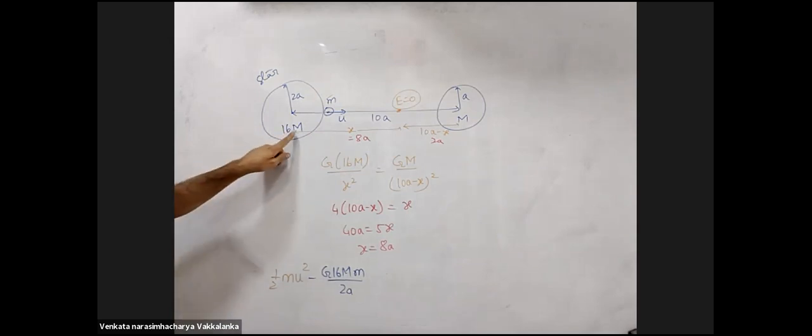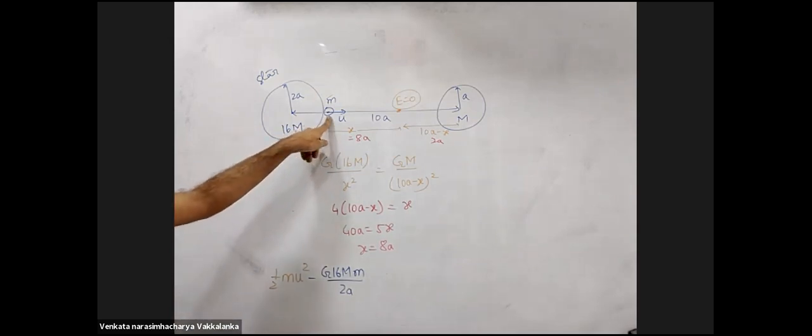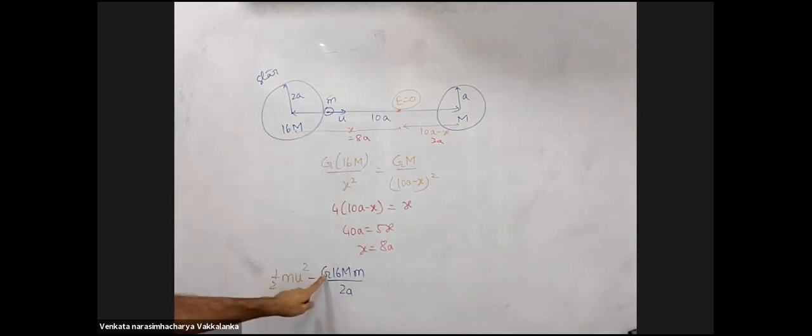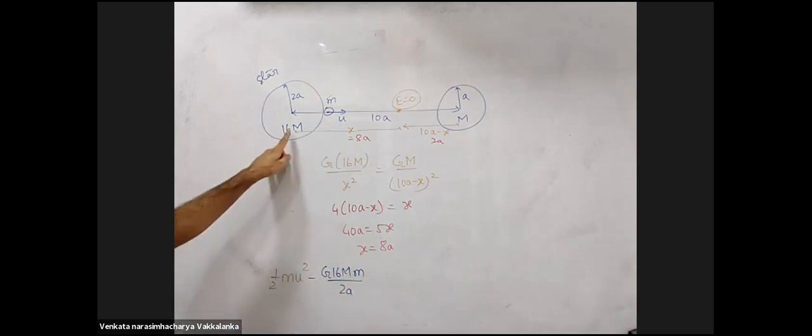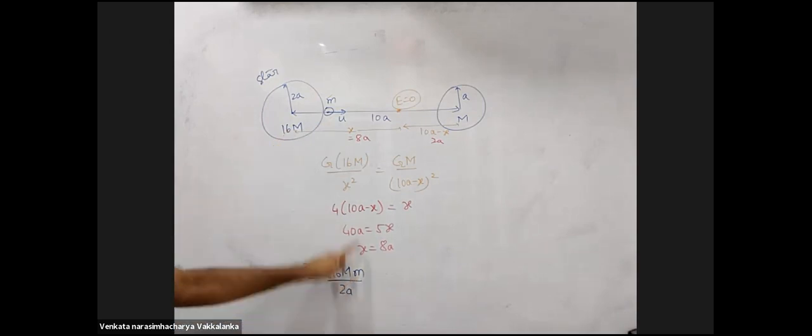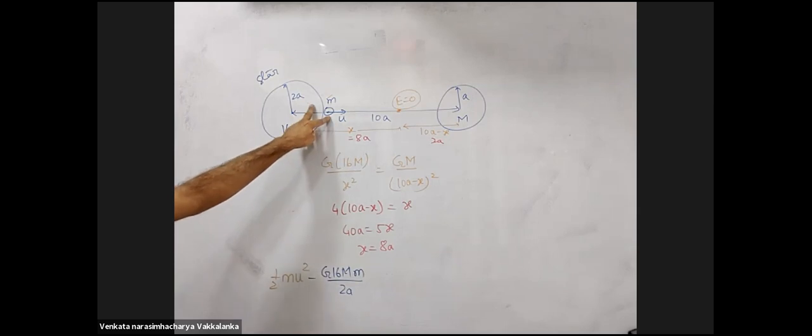This is the potential energy between the bigger star and the smaller. Minus G 16 m by 2a is the potential, that into small m will be the potential energy between the two.